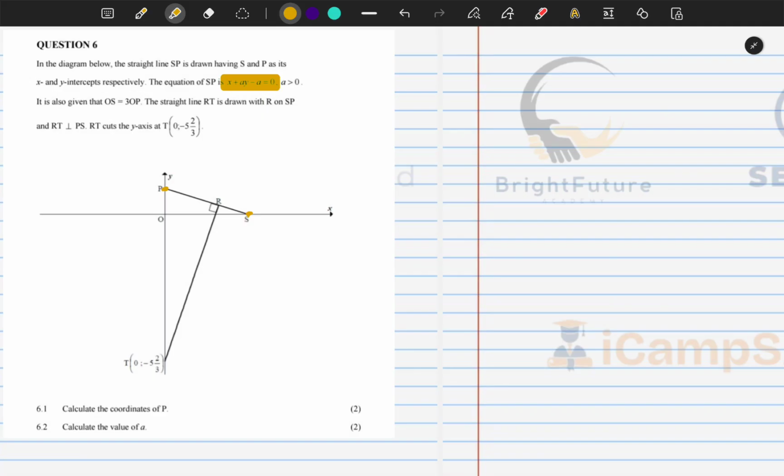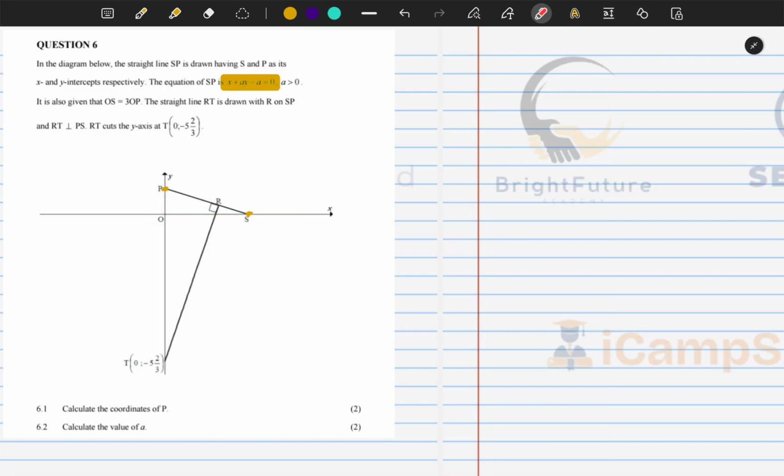It is also given that OS is thrice OP. So OS is 3 times OP. Great.